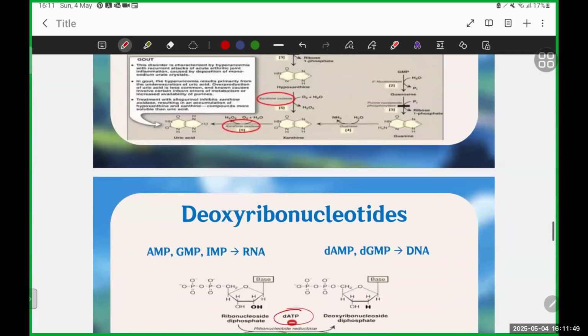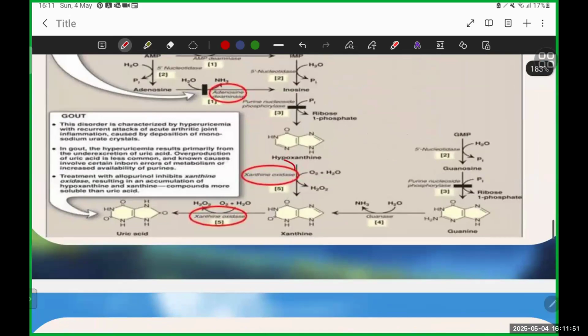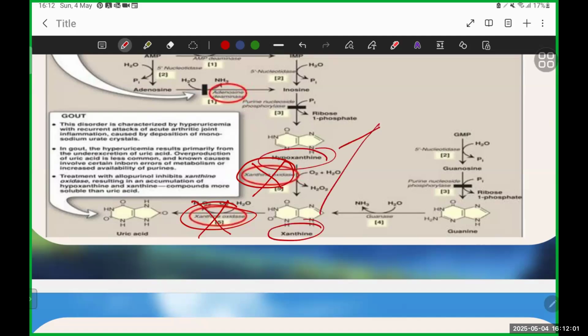What allopurinol does is, you see xanthine oxidase, right? It inhibits this and it inhibits this. So you have either xanthine or hypoxanthine. These are the more soluble forms, so they don't really form crystals.